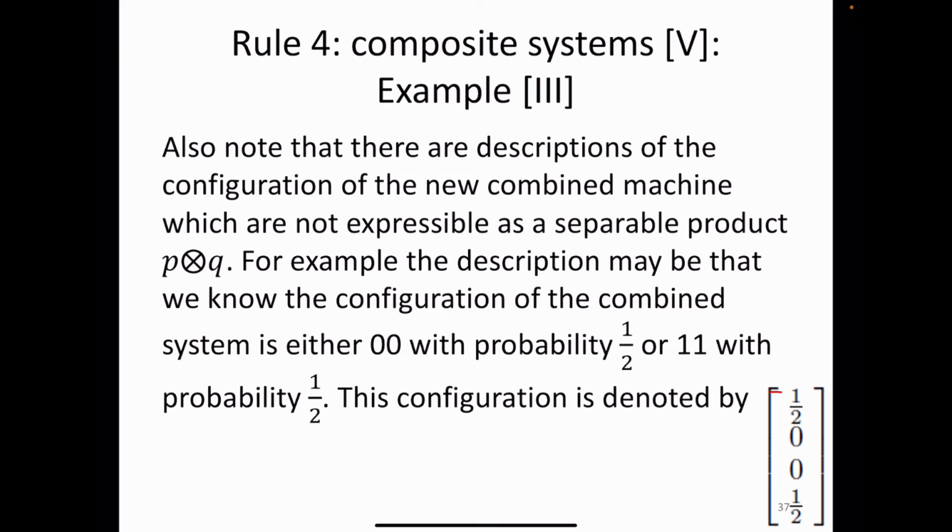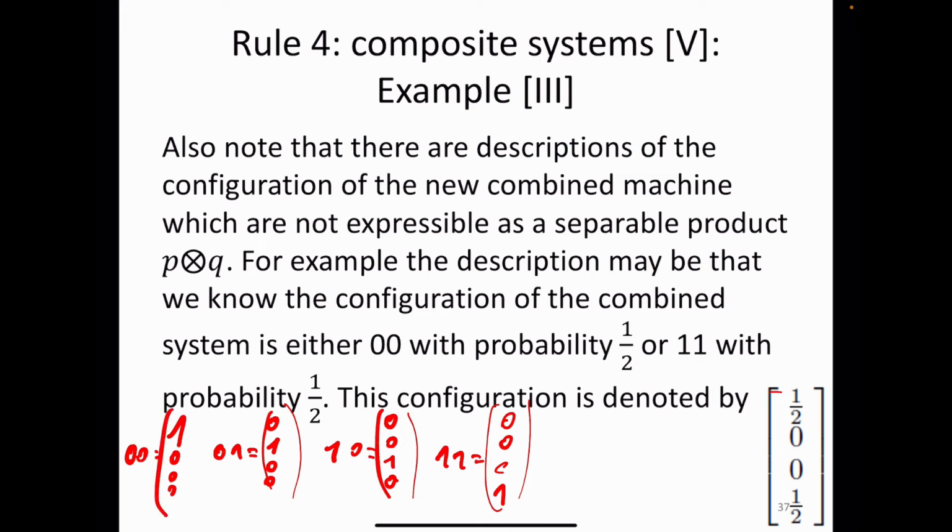So remember, state 0, 0, as we said before, is just 1, 0, 0, 0. State 0, 1 is given by this one here, and we have the state 1, 0, which is given by that one here, and then we have the state 1, 1, which is given by that one here.